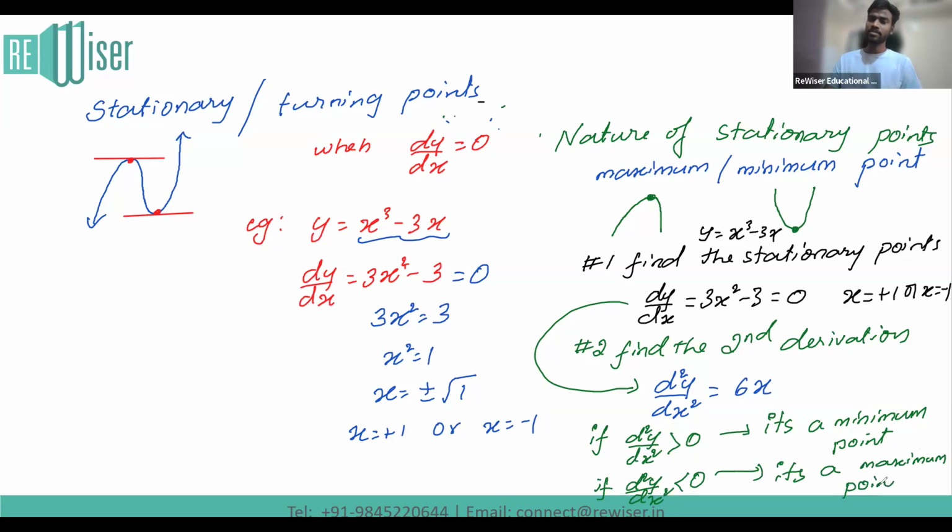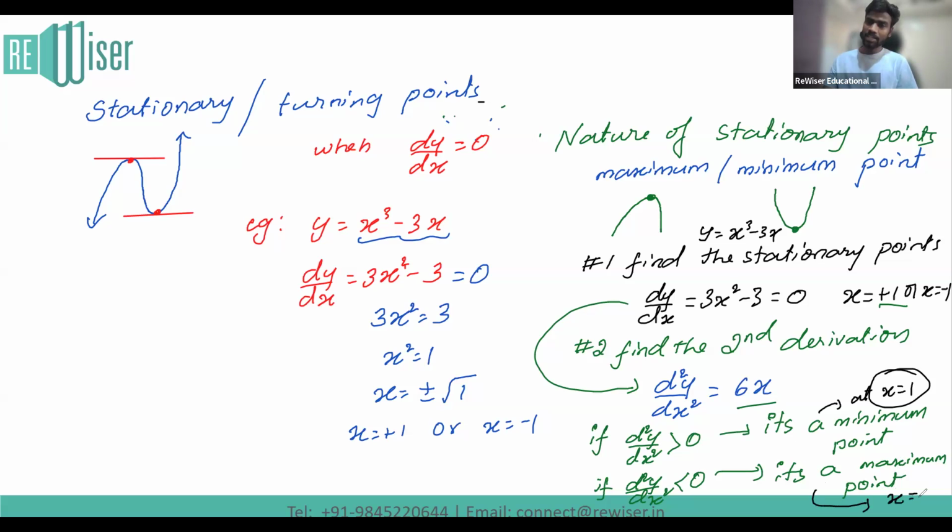So I can clearly see it. When I put positive 1, I get positive 6, which is greater than 0. So at x equals 1, there would exist a minimum point. And when I put negative 1, the second derivative would be negative 6, which is less than 0.